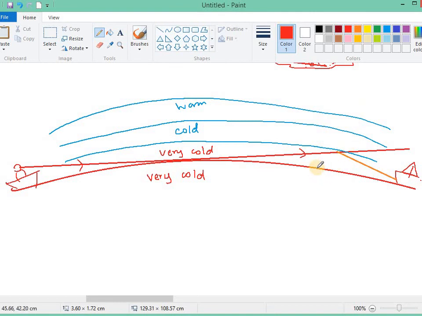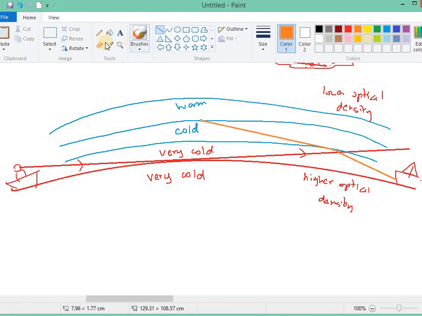Very cold air means higher optical density. This one here is lower optical density. So the speed of light will become faster when it goes from higher optical density to lower optical density. So the light will refract away from the normal.